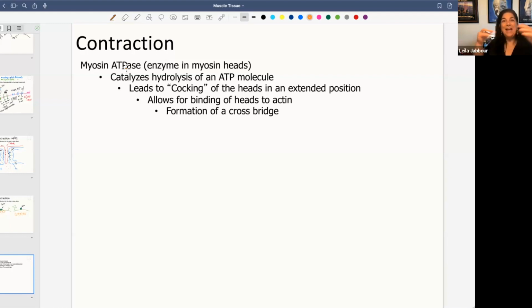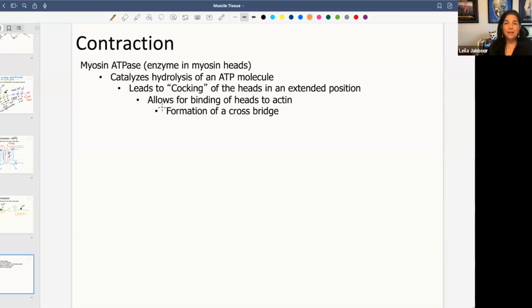Not only is it a contractile protein involved in the contraction, but the head has an enzyme property that it can cleave an ATP to release the energy it needs. That energy is going to be used to cock the heads of the myosins, which means to bring them out, so they can bind on the G-actin.